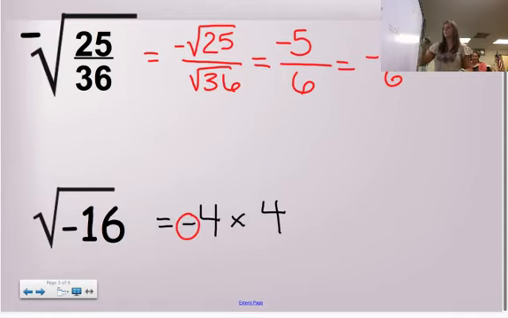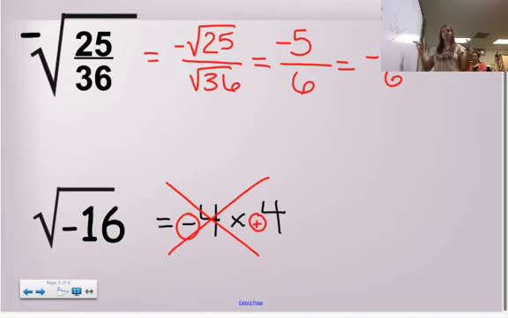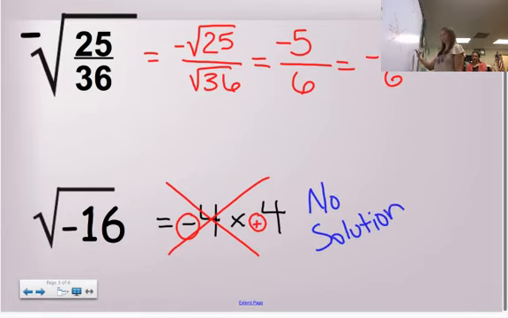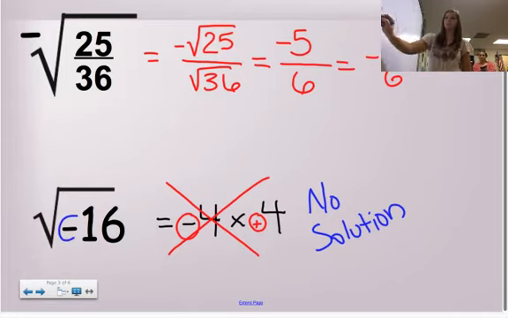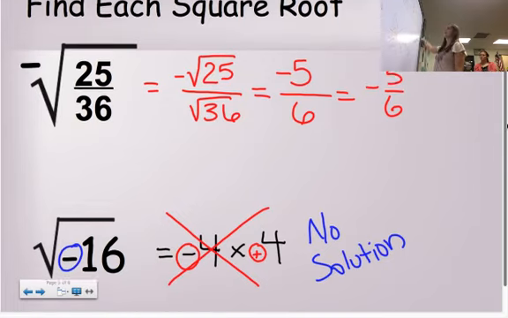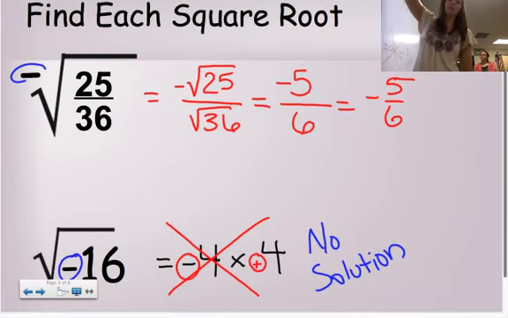This 4 has a negative and this 4 is a positive, and those are different. So this cannot be done. If you ever have a square root with the negative on the inside, there is no solution. Don't let that one trick you guys. The negative on the inside you cannot do. If we look up here, the negative is on the outside, so that one we can do.